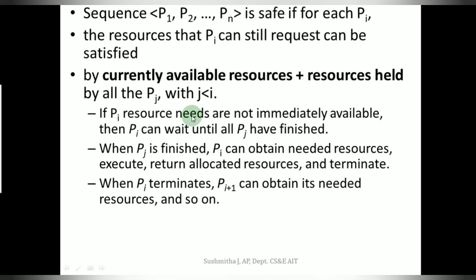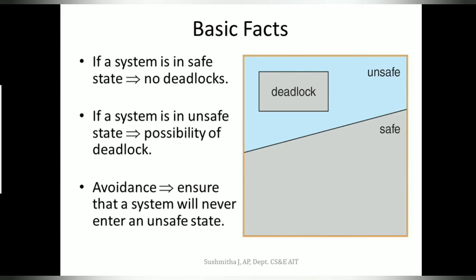If it is leading to a deadlock state, then probably we request process P1 to wait until process P2 completes. So once process P2 completes and releases the resource, that can be allocated to P1. So this goes on. Just to summarize about the safe state.